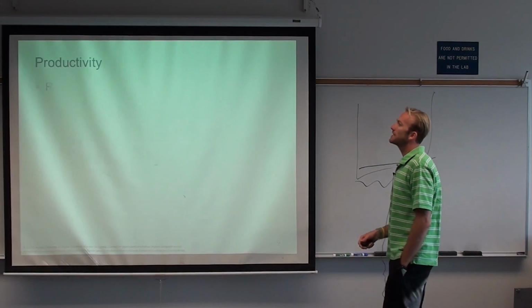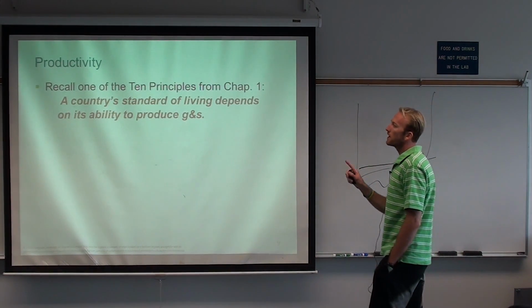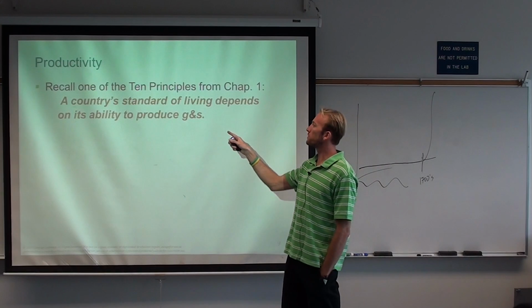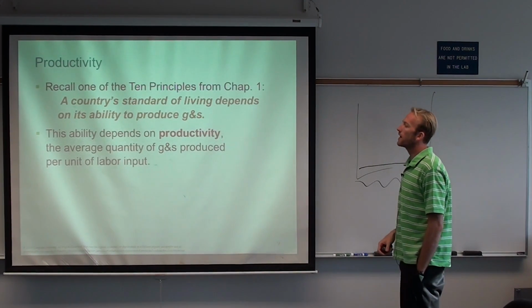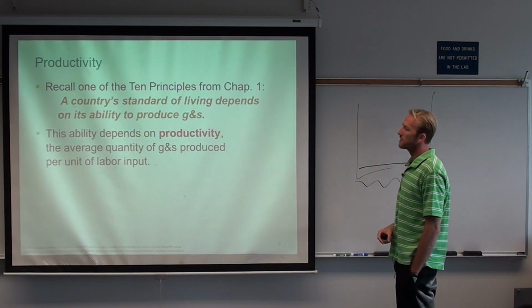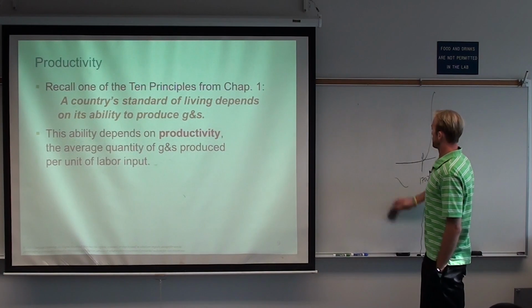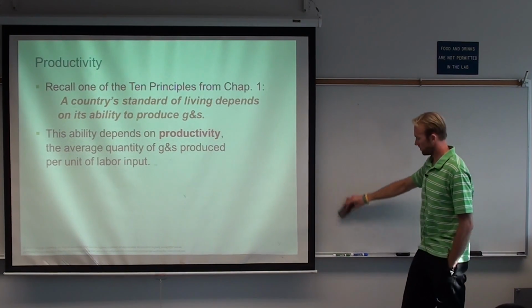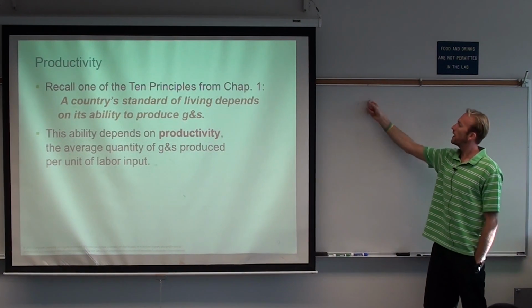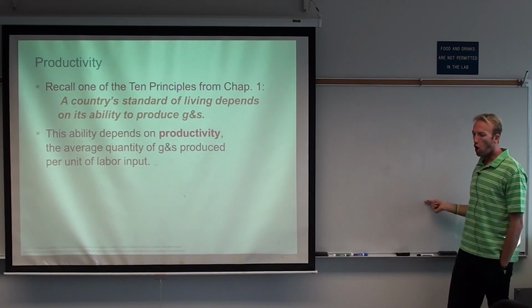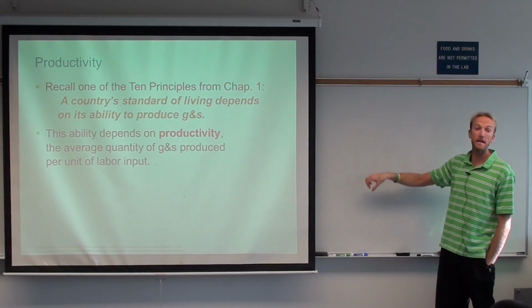Okay, so this idea of productivity is always very important. Right? A country's standard of living depends on its ability to produce goods and services. So what we're asking here is about productivity. Don't forget that in the circular flow model, all goods that are produced get bought by someone and become income for the country, right?